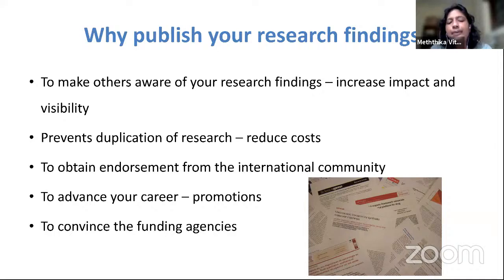And that prevents duplication of research. When you publish your research, people will understand, okay, there has been research done by this kind of people on this title, so that particular research will not happen again.